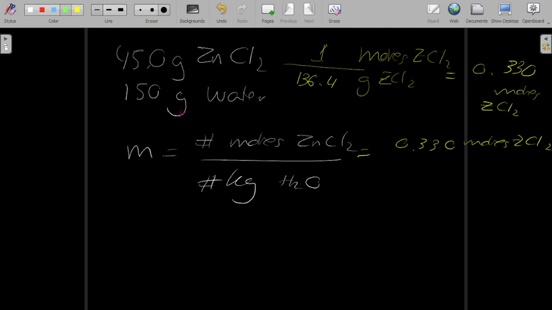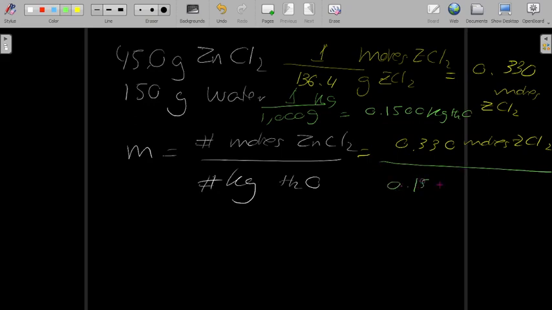Well, they gave me grams and I need kilograms. So I don't want grams, I want kilograms of water. I know that in 1 kilogram I have 1,000 grams. So I put it in my calculator and I find out that I actually have 0.1500 kilograms of water. So now I can put that at the bottom of my equation, 0.150 kilograms of water.